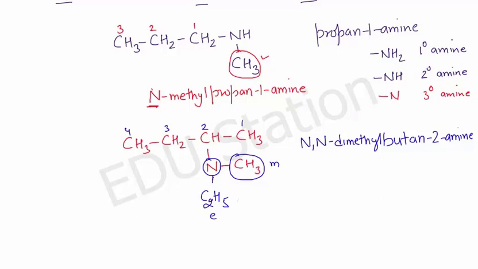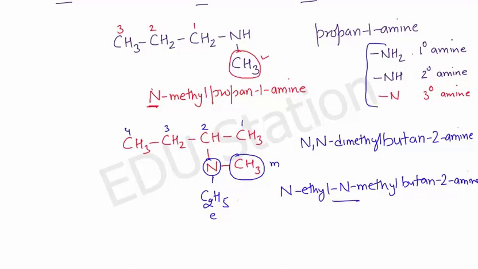So now the name will be N-ethyl-N-methylbutane-2-amine. So you have amines which can be categorized as primary, secondary and tertiary. Same goes for amides also.